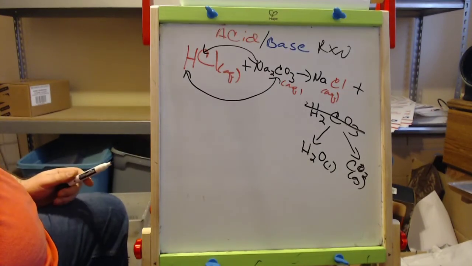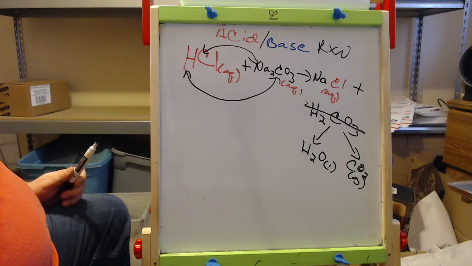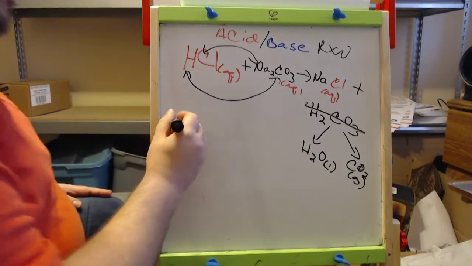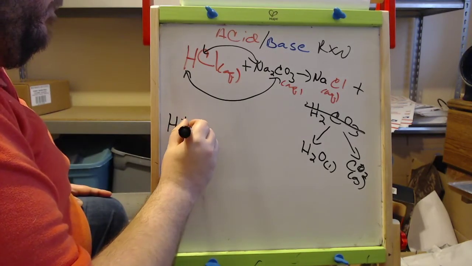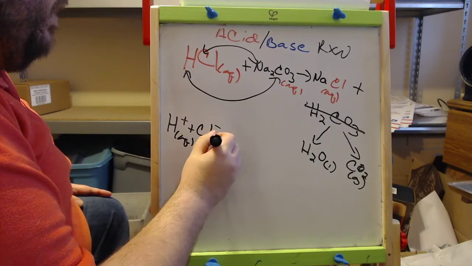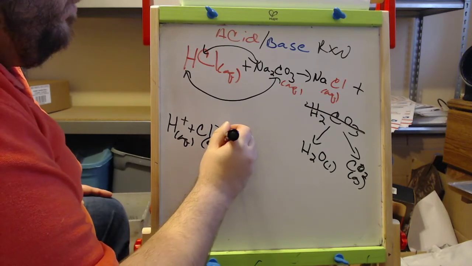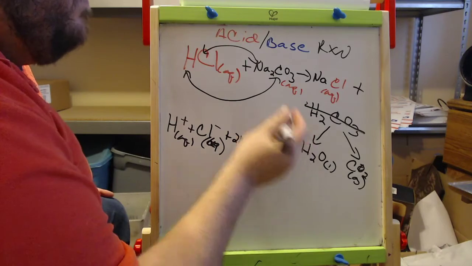Vinegar is the acetic acid donating the hydrogen, and you're creating the CO2 gas. So if we were to do the complete and net ionic equation for this, H plus aqueous plus Cl minus aqueous plus 2Na, and of course we have to balance this.